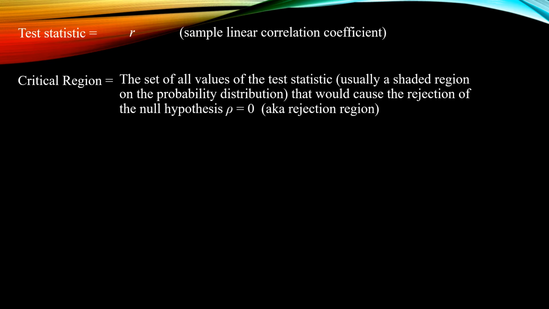The maximum value of this number is 1. The minimum value is minus 1. So unlike the regular t distribution or z distribution, which extend infinitely to the right and to the left, the correlation coefficient has a maximum value of +1 and a minimum value of -1.